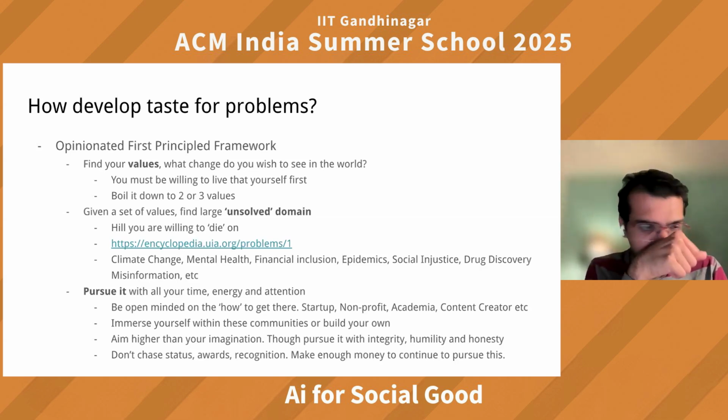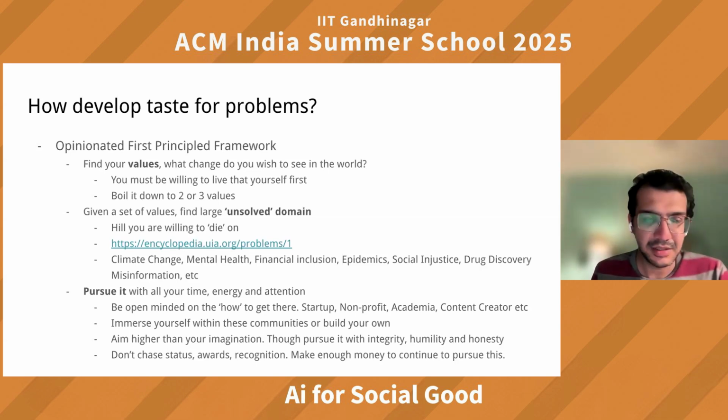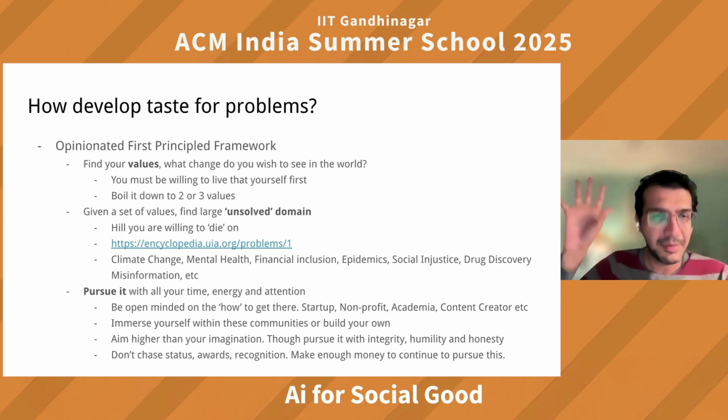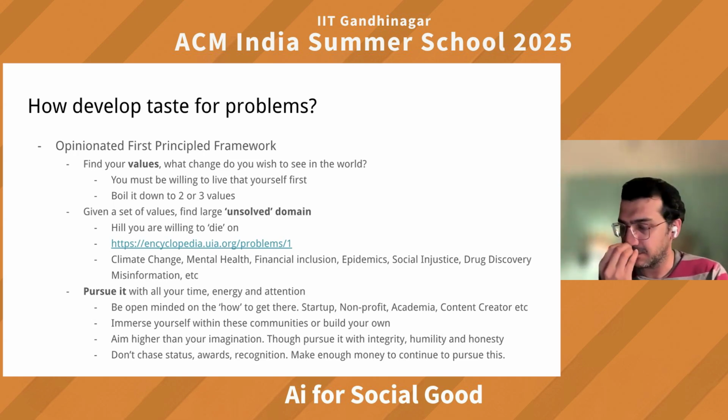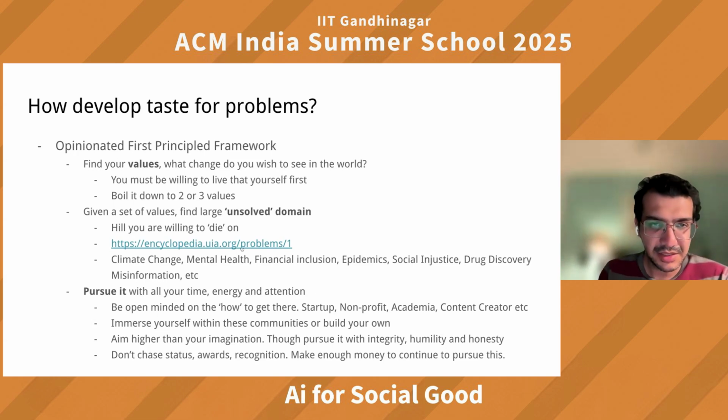One of my close friends has an edtech nonprofit startup, and he uses this word, right? He's like, I know there's lots of other things to do, but this is the high hill I'm willing to die on. Meaning, I'm willing to stick to this for a very, very long time. There is a very nice website of world problems that could help you look through it.